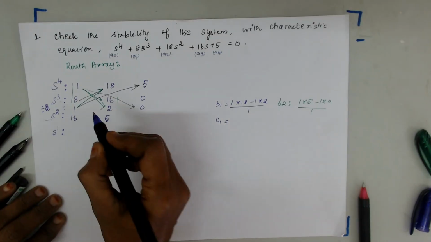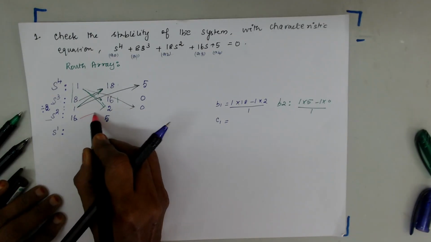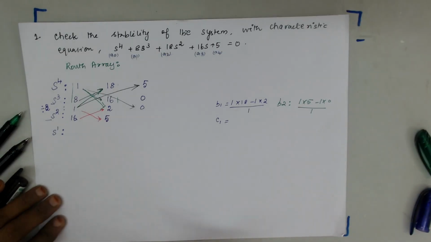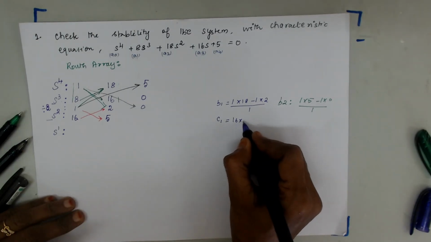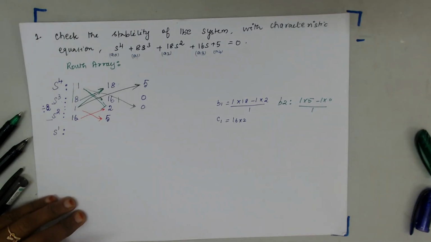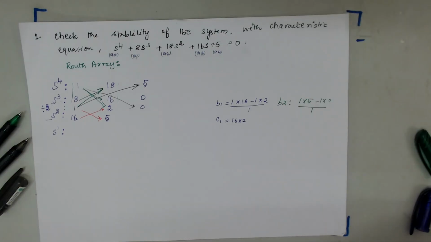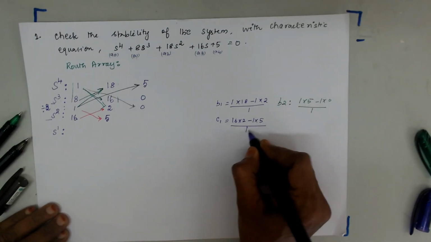C1 is equal to 16 into 2 minus 1 into 5, divided by 16.